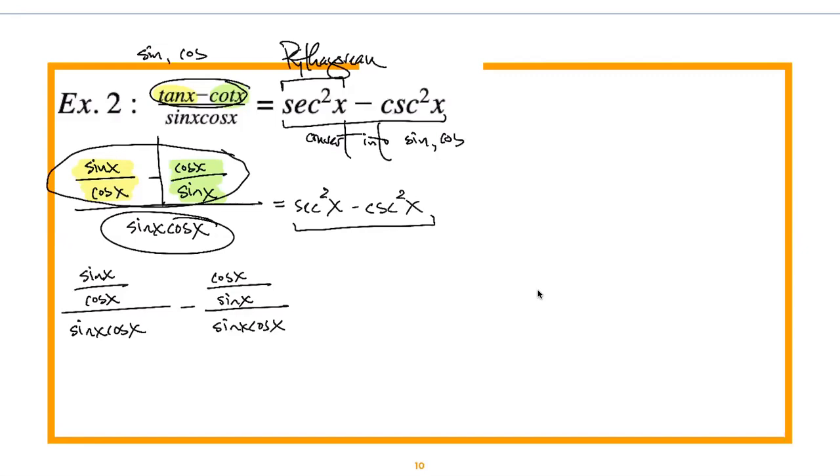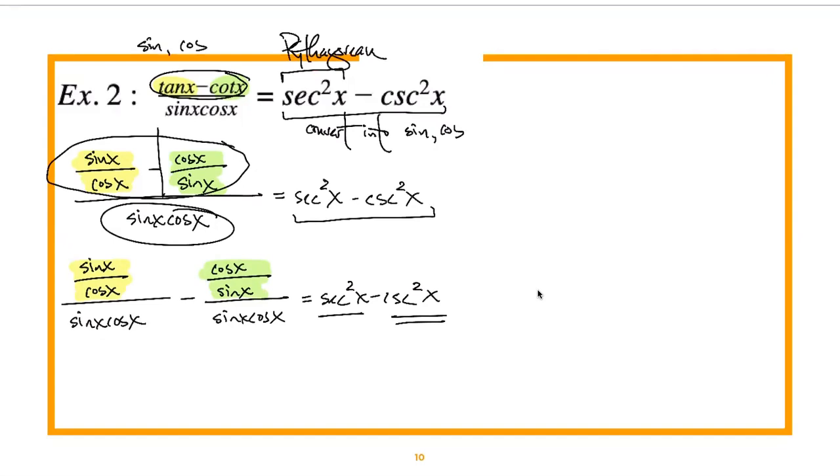So I've got my tangent over sine x cosine x, and I've got my cotangent over sine x cosine x. And again, my reason for splitting them is because I wanted to make it into two terms like I have on the right-hand side.